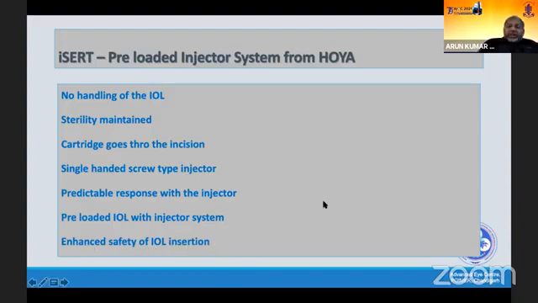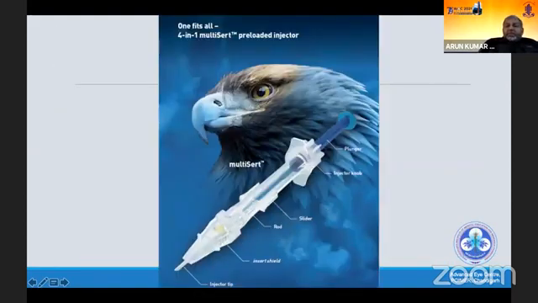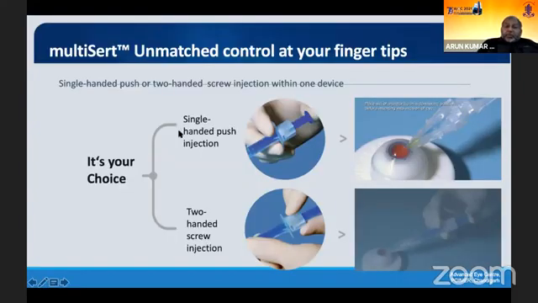And this is the new multi-set injector. The advantage of this new multi-set injector is we can use it as a push type of injector as well as a screw type. If we want to use it as a screw type, you can screw it from here. If we want to use it single-handed, you can push this plunger and it goes smoothly.